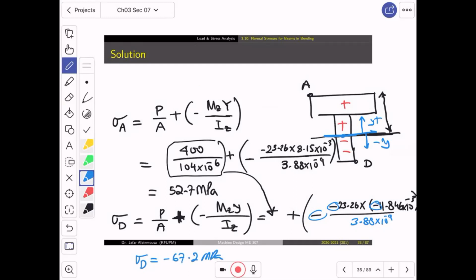Doctor, yes, the P over area. Yeah, what about it? Should you consider it? Because when we take the formula it was only Mz y over Iz, and we take the moment, we use the load only to find the moment. You mean this one?